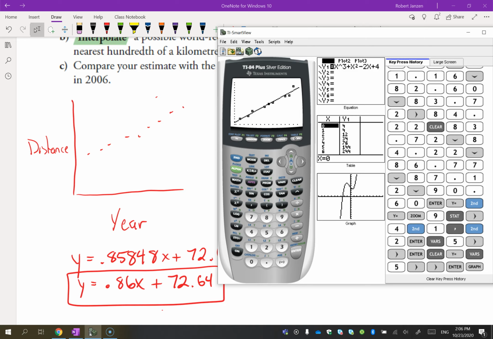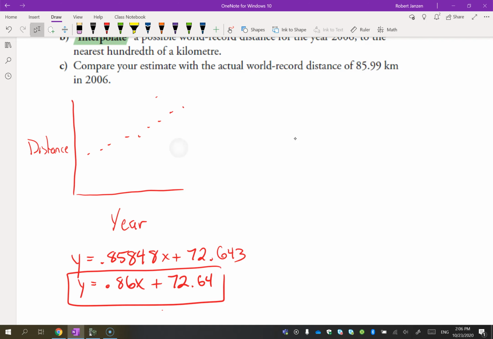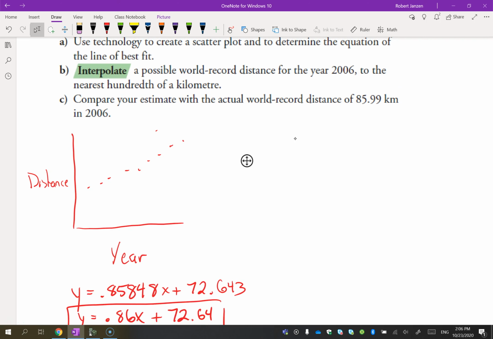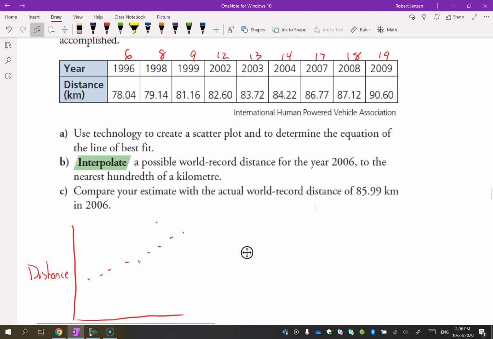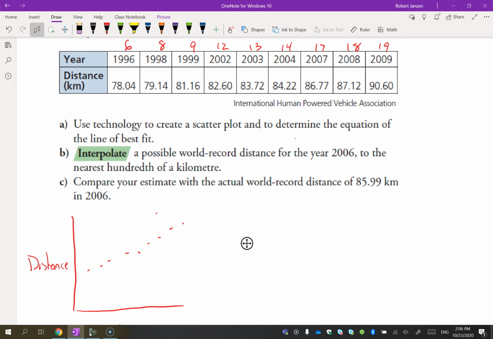Okay, now it says interpolate a possible world record distance for the year 2006. Well, where is 2006? 2006 is right here, somewhere in here. What is going to be our value right there?